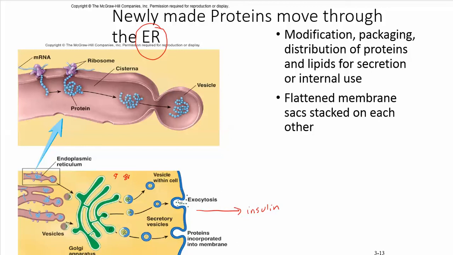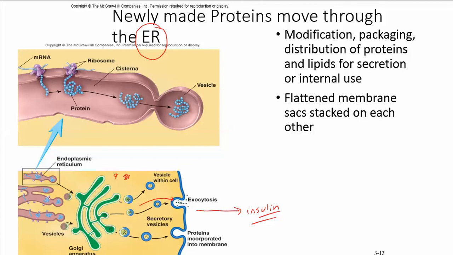It's packaged into these little vesicles. These vesicles move into the Golgi, which is going to modify it, cut some things a little bit more, and then it's packaged into secretory vesicles. The secretory vesicle moves towards the cell membrane, and it is excreted as functional insulin. Okay, so that's how these things work together.